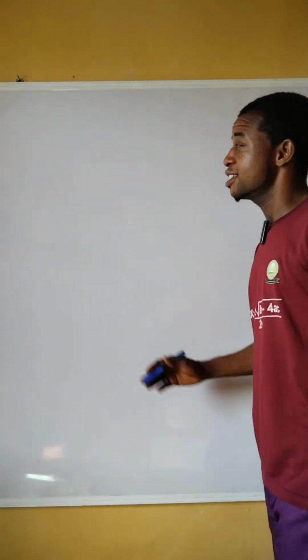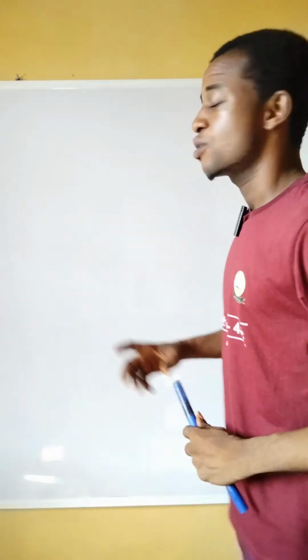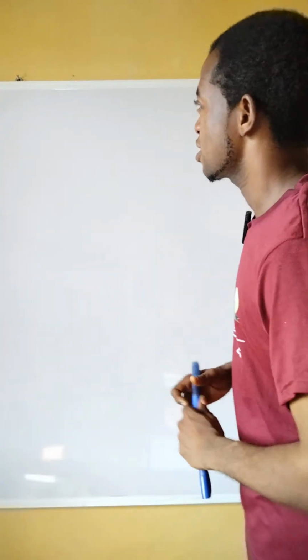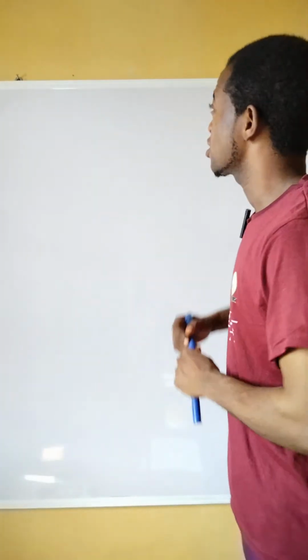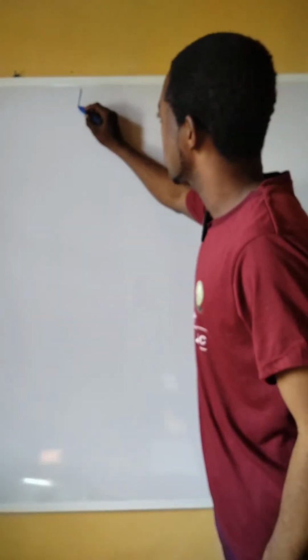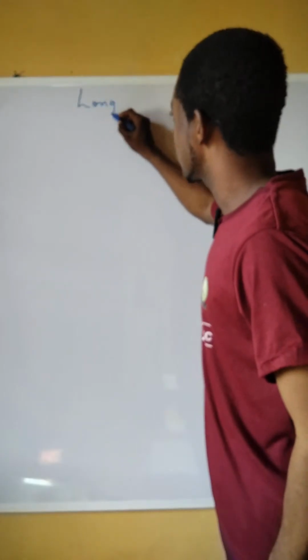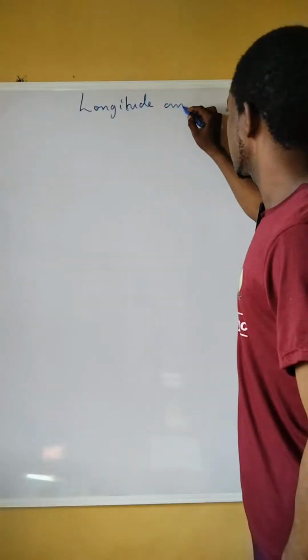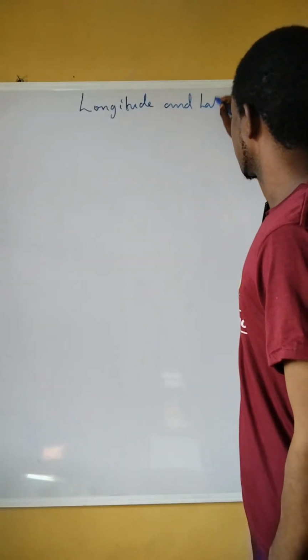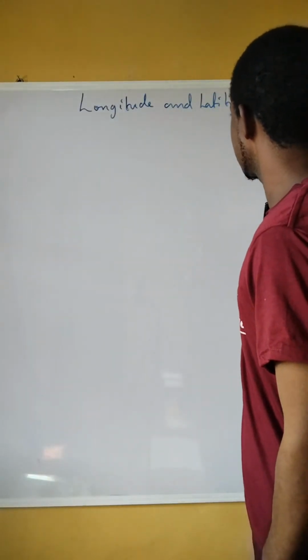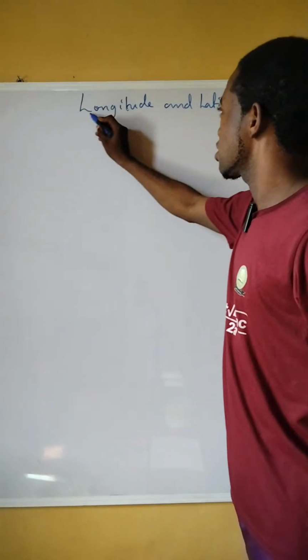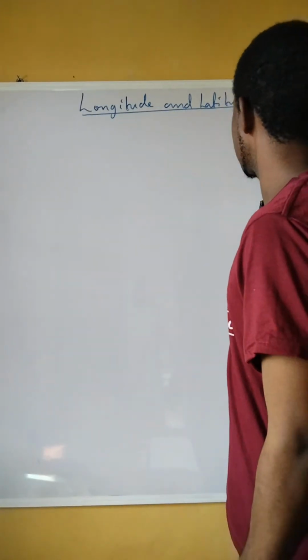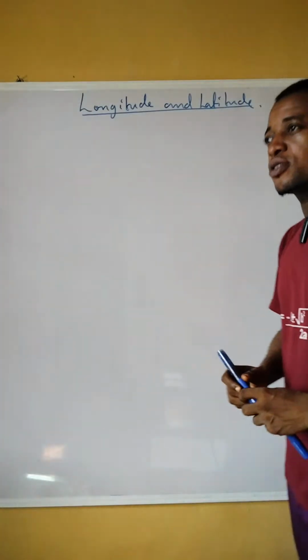In this live class, I want to continue from the topic we started in our previous live class, which is longitude and latitude. This is about the geometry of the Earth.